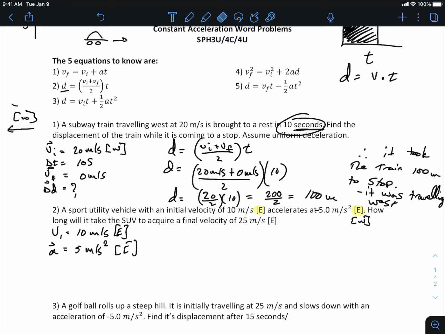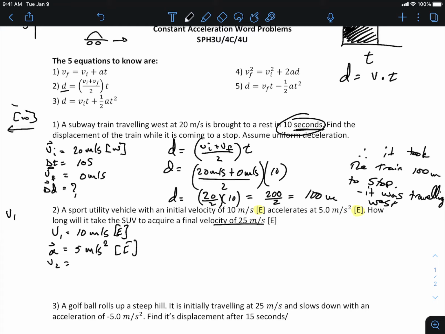Okay? But it's accelerating because the acceleration is happening in the same direction that the object's moving in. So it's speeding up. V2, we know, or V final. Sorry, you guys will see this too, and I put this in this afternoon's lesson.